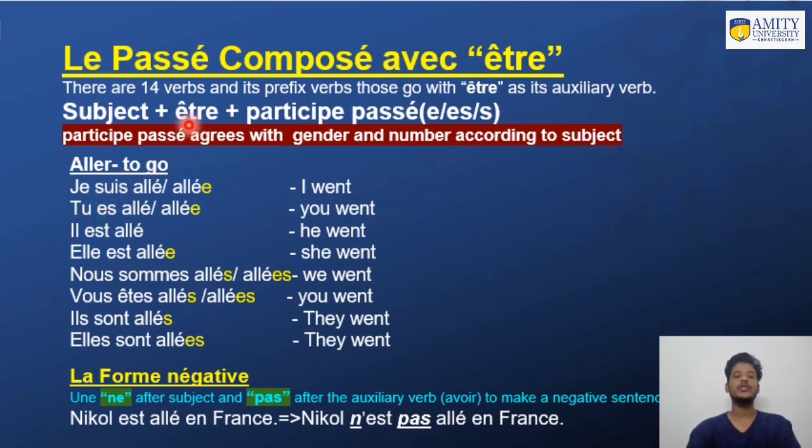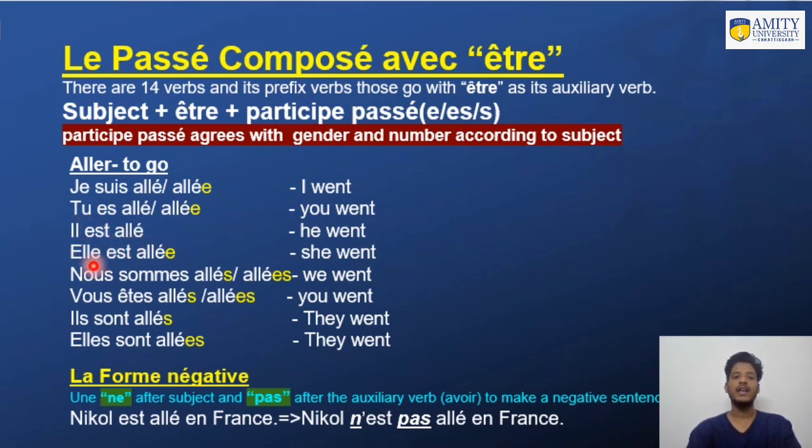And what is the conjugation of être with je? Je suis. Then the participe passé. What is the participe passé of aller? It ends with -er, so -er will be removed and é added to go: allé. So, je suis allé.